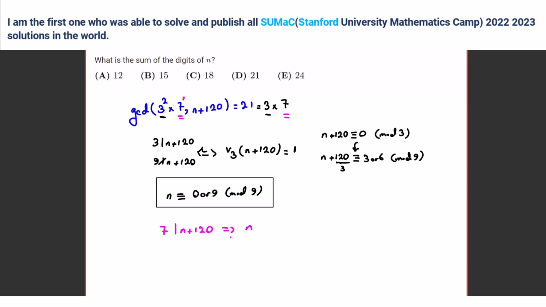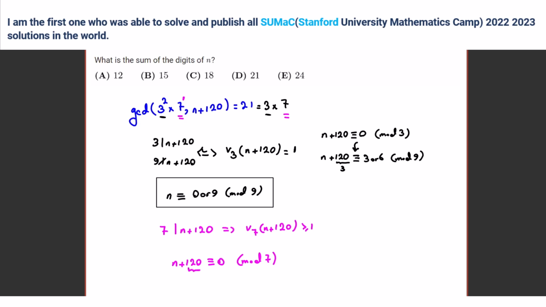Yeah. So what can we conclude about V7 of n plus 120? It's at least 1. Actually, in this case we don't need to consider this, but I just wanted to check with you, to pay attention to these things. So we can change it to modulo: n plus 120 is what mod 7? 0.